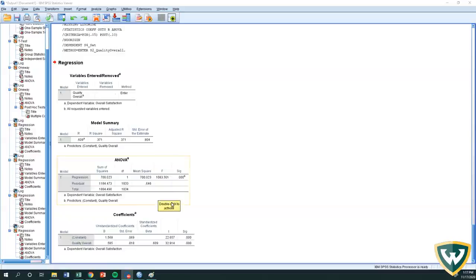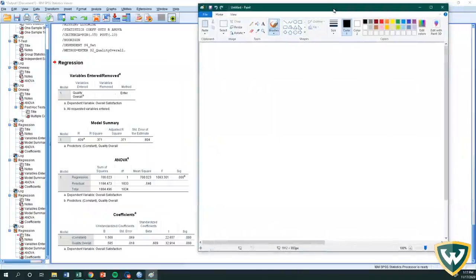Lastly, here we have the coefficients, and this is an important part of my output. It's the fourth table as you see it. Here I will actually try to illustrate what this says to you on the right.